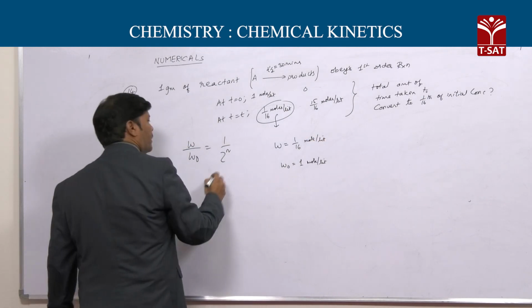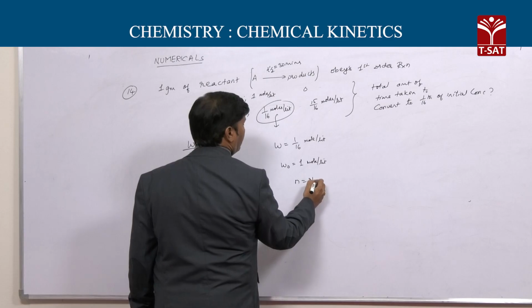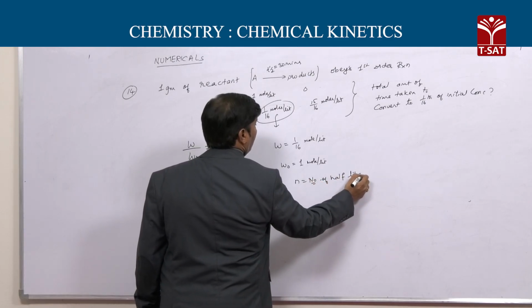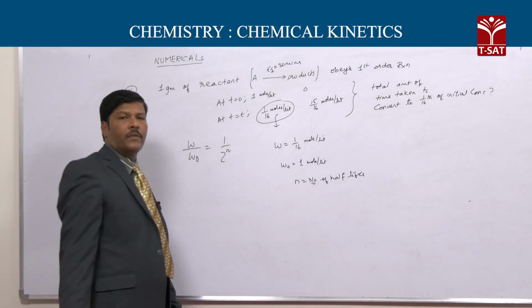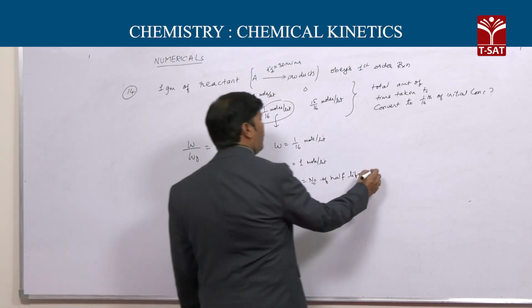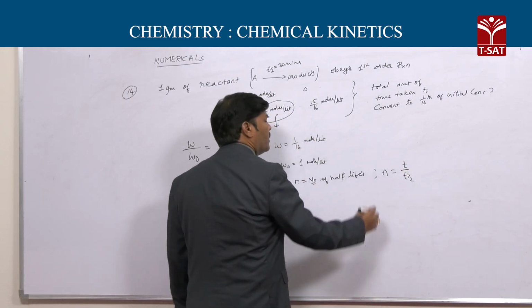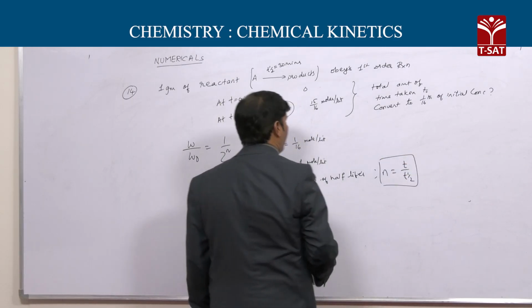Here n represents the number of half lives. The number of half lives is given by the formula n is equal to T by T half. This is the formula which you need to understand.